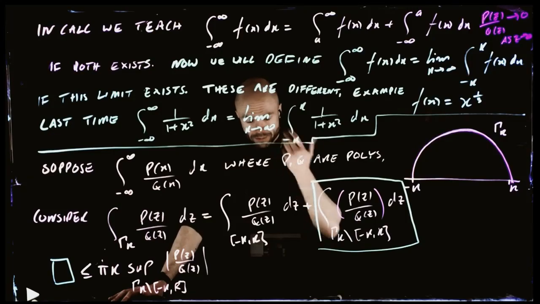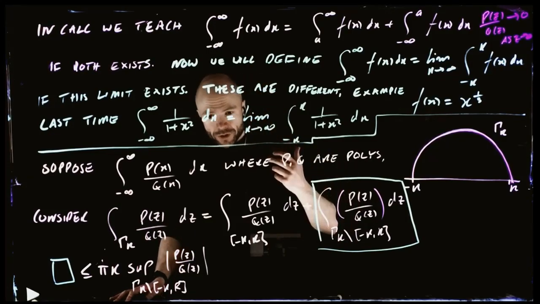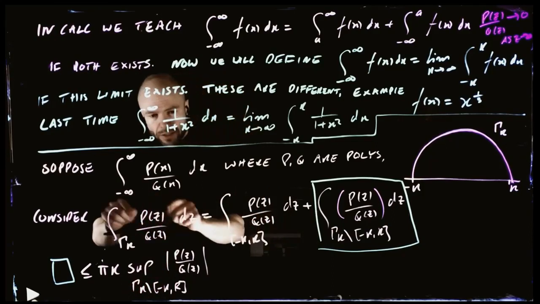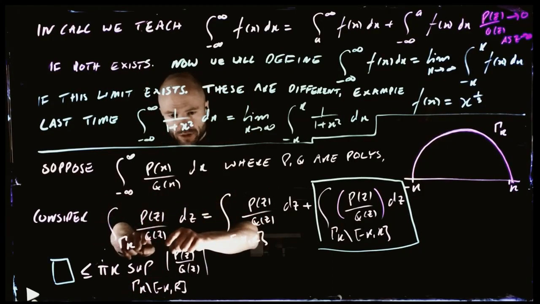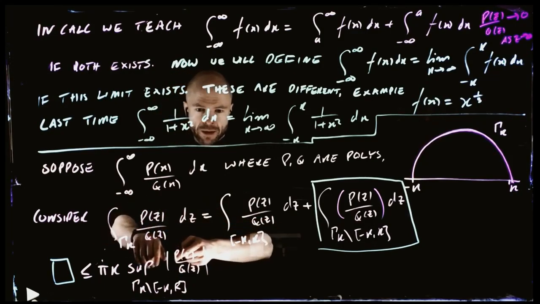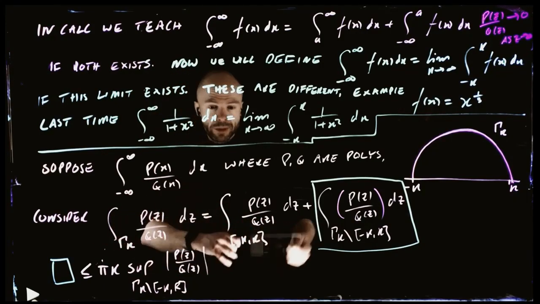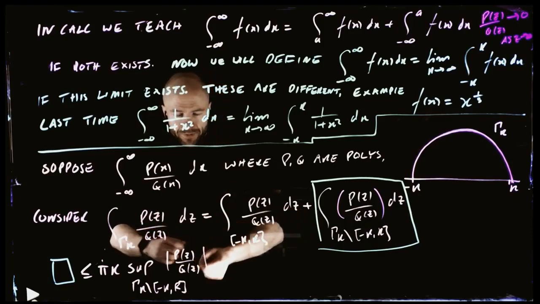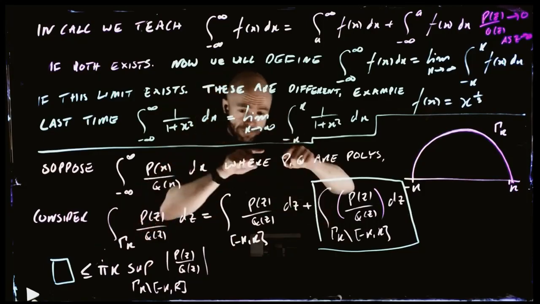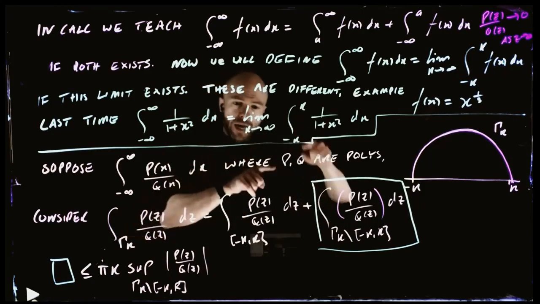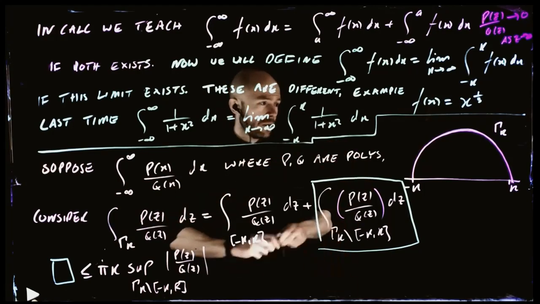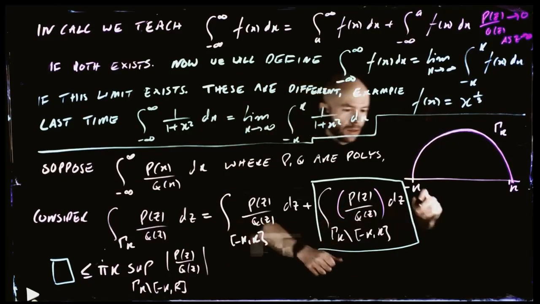No, because the rate at which it decays has to be an integer. The leading order term of this guy is z to something, and the leading order term of this guy is z to something else, say z to the m and z to the n, so we'd need the denominator's degree to be bigger. Let me say that in the language of maths.